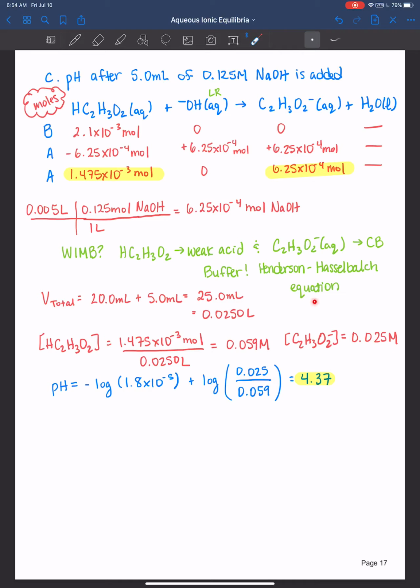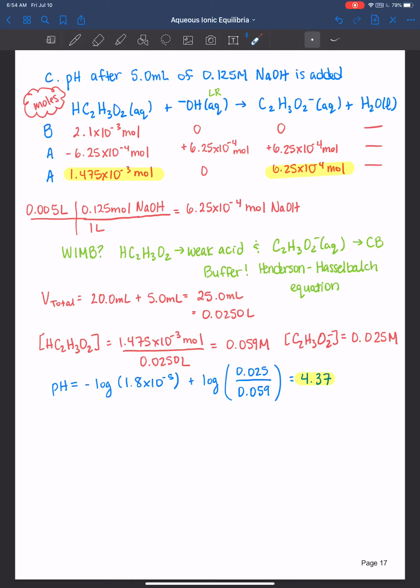But to do that, make sure when you convert to your concentrations that you divide by the total volume in your beaker after you've added the 5 milliliters of sodium hydroxide. And then the Henderson-Hasselbalch is pH is equal to the negative log of Ka plus the log of the concentration of the conjugate base over the acid, and you get 4.37.